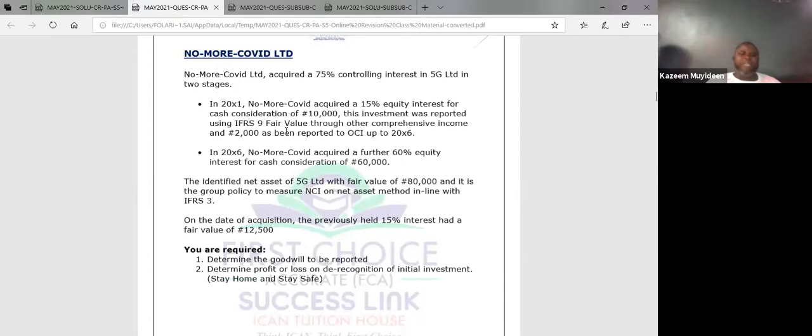This investment is reported using IFRS 9, fair value through other comprehensive income. There is a problem, and 2,000 has been reported in the OCI. There is a problem already. How? Because he now acquires an additional 60%.